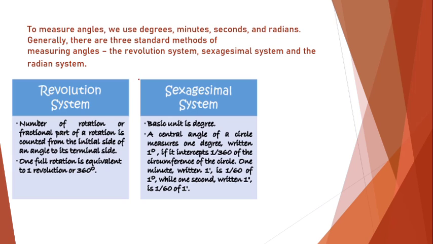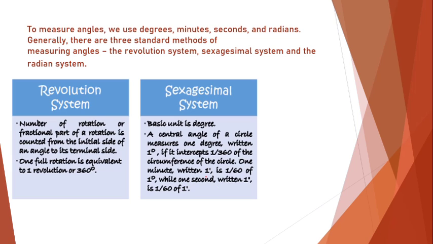Now, the sexagesimal system. The basic unit is the degree. A central angle of a circle measures 1 degree if it intercepts 1 over 360 of the circumference of the circle.